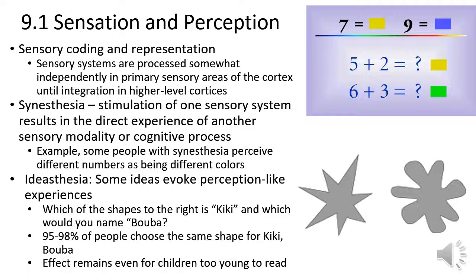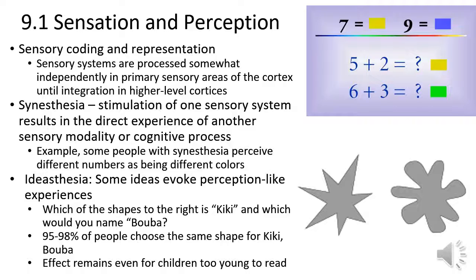Ideesthesia is another phenomenon where some ideas evoke perception-like experiences. An example of this is experimenters gave people these 2 shapes to the right, this spiky shape and this blobby shape, and they asked which of the shapes would you name Kiki, and which of these shapes would you name Booba.